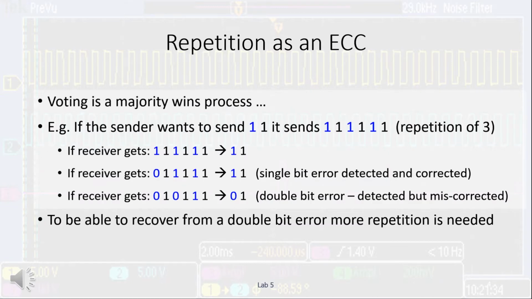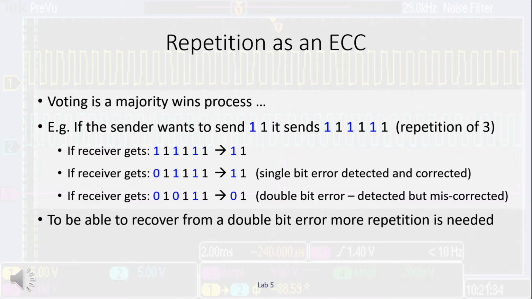So voting is a majority wins process. If the sender wants to send 1, 1, for example, and we'll use the interleaved method, it sends 1, 1, 1, 1, 1, 1, a rep rate of 3. If the receiver gets all 1s in this case, then there's been no bit error.